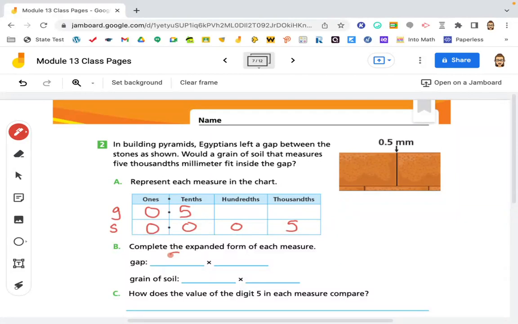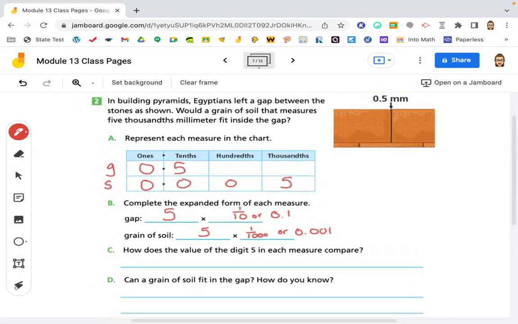So the gap is 5 times 1/10, or we can write it as a decimal. The grain of soil is 5 times 1/1000, or we can write it as a decimal. So how does the value of the digit 5 in each measure compare? Well, we've talked about how each place value, from here to here, is times 10.